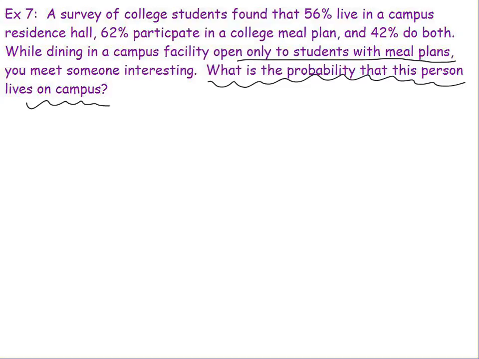Only students with meal plans get to eat there. This is what we would refer to as the given. We are being given the fact that only students with meal plans are eating there. So when we write it out, if you remember, it was always probability of B given A. We're focusing on the probability that the given is they have a meal plan.